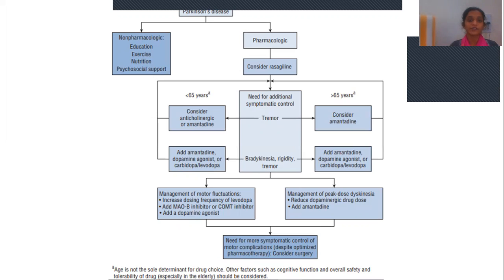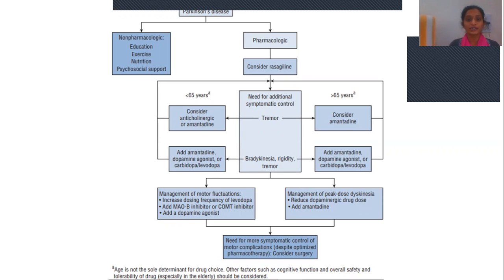Once the diagnosis is done, first we have to go for non-pharmacological treatment if it is in the initial stages. It includes education, exercise, nutrition, and psychosocial support. Psychosocial support can be given through counseling sessions, meditation and so on.